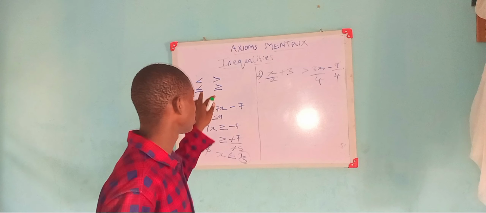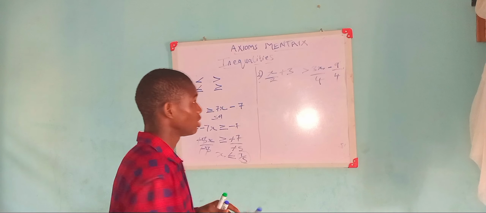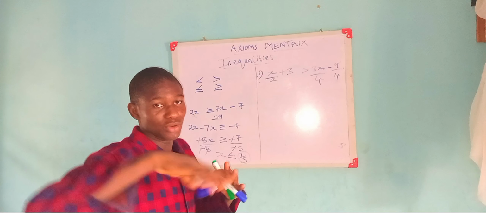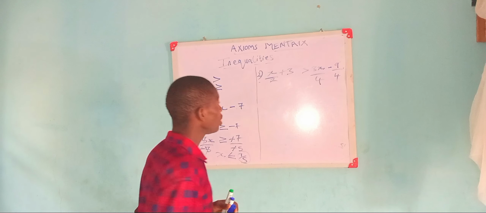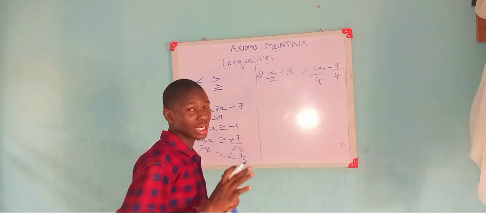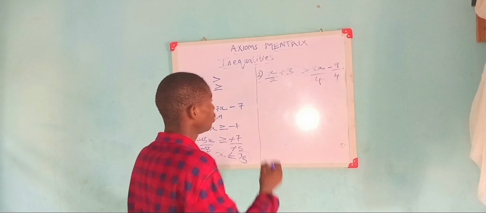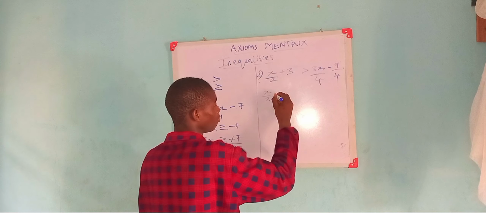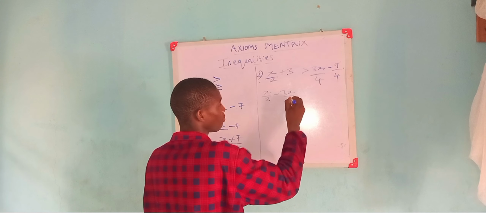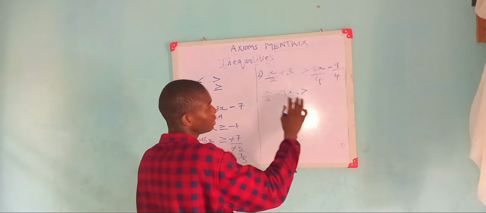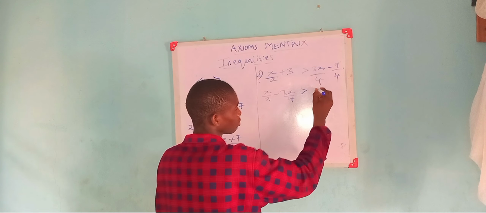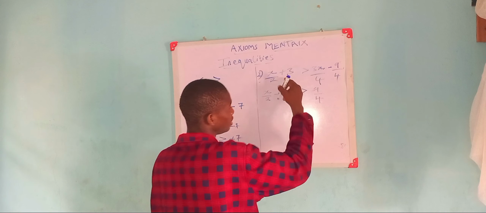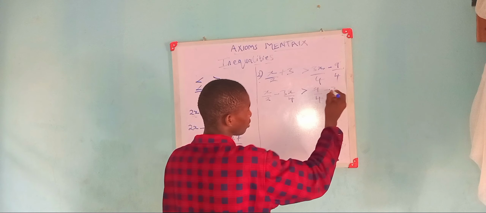We need to solve it as an inequality, because it has an inequality sign and not an equals sign. So let's go. We still need to collect like terms. We are going to be having x over 2, this coming to this place is going to be minus 3x over 4, is greater than, this is already here, minus 9 over 4. Then this 3 is coming here as minus 3.